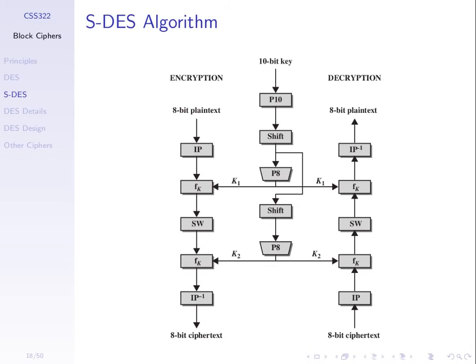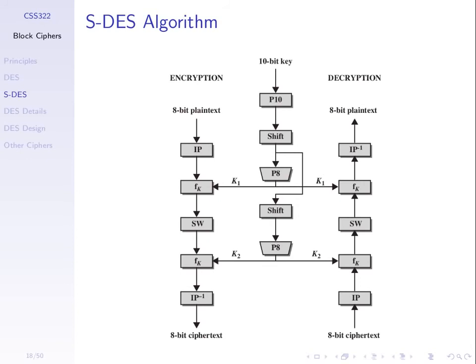But it turns out with simplified DES and even real DES, decryption also uses those same round keys. So when someone receives ciphertext and they want to decrypt, they take the same 10-bit key, follow those exact same steps, and they'll get the same values of K1 and K2. And we'll return to it, but we'll notice that decryption follows the exact same steps as encryption. Encryption, we'll see, is IP, F of K, SW, F of K, IP inverse.